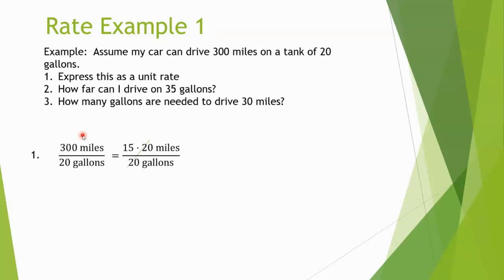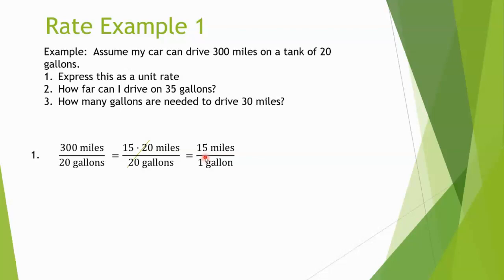So the 20s cancel, and we get 15 miles per gallon. Again, I put the 1 here. If I didn't, and it said just 15 miles per gallon, it would be understood to be 1.